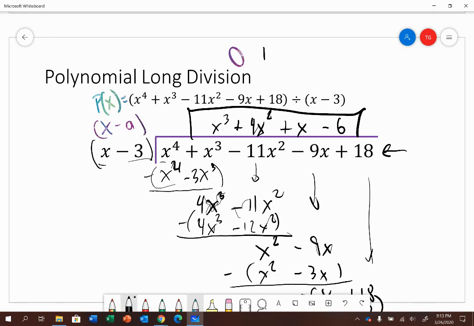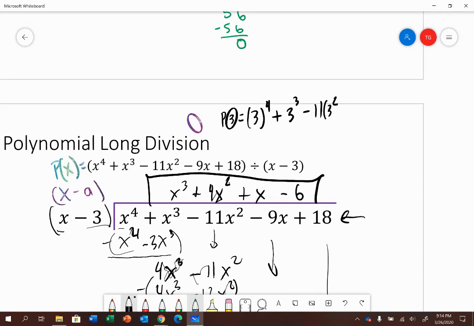Okay, p of 3 would be 3 to the 4th plus 3 cubed minus 11 times 3 squared minus 9 times 3 plus 18.